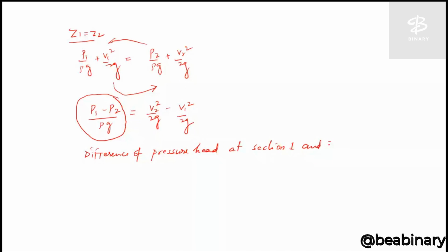If I equate this term as H, we can write H is equal to V2 square by 2g minus V1 square by 2g.